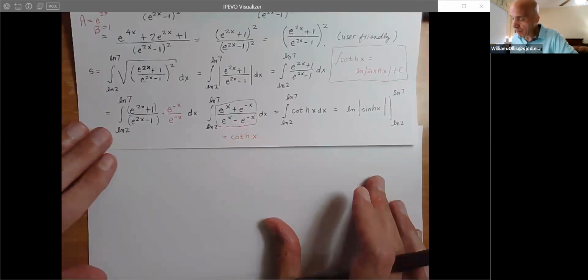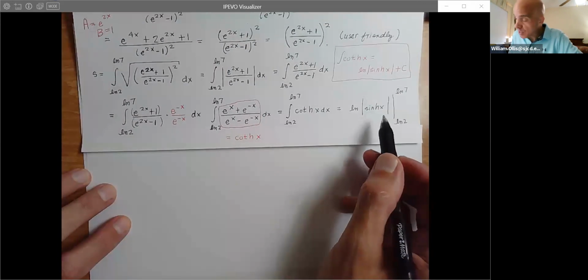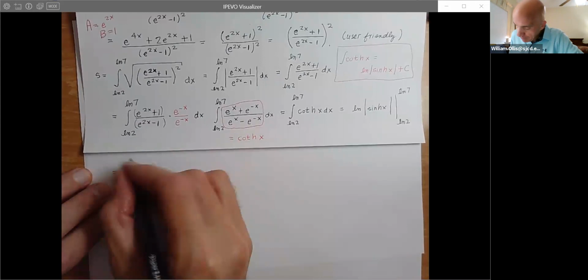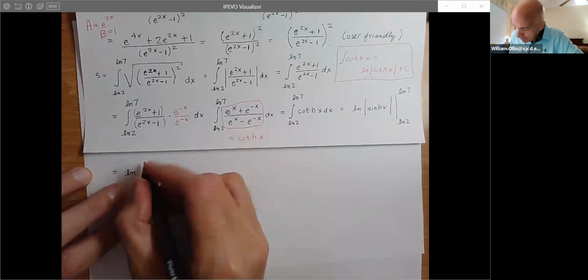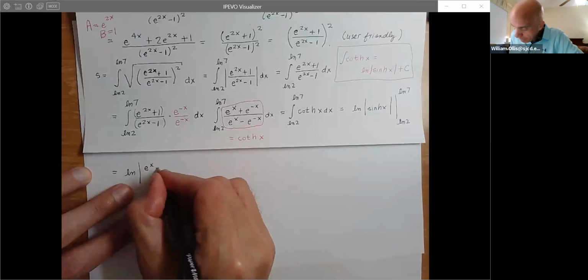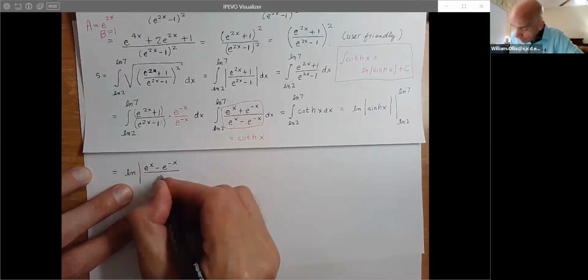Now, the hyperbolic sine can be written this way: e^x minus e^(−x), divided by 2.